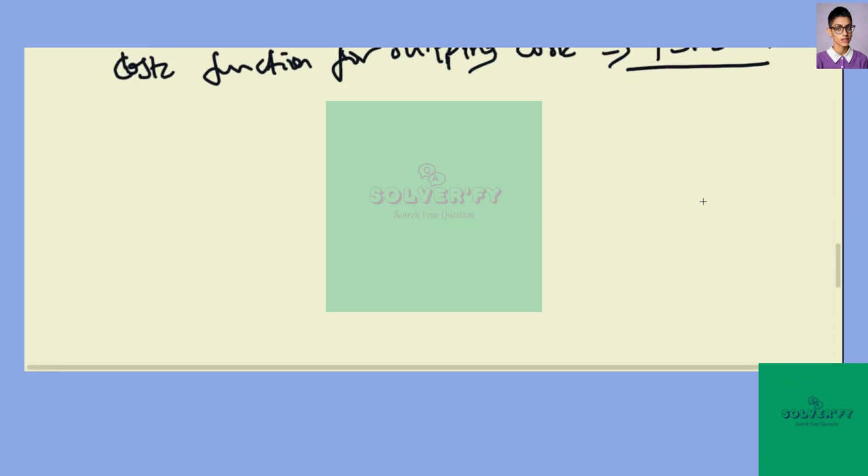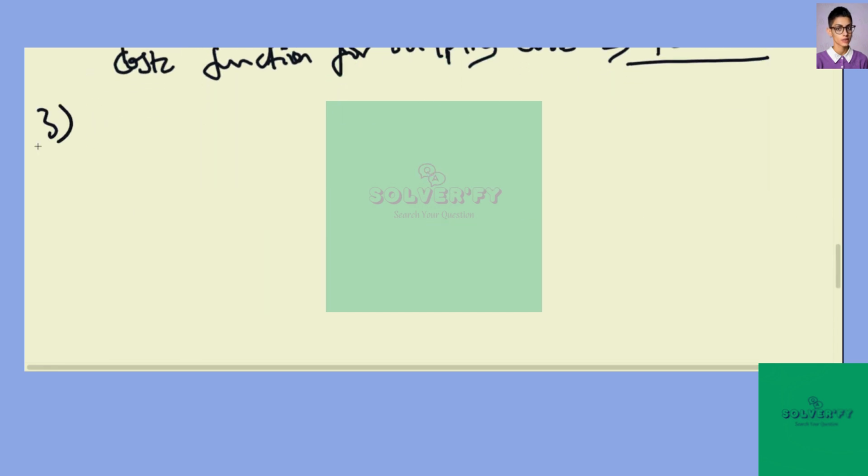So now moving on to the third question. Combine the preceding information to get a monthly operating cost function for the Stein Corporation.